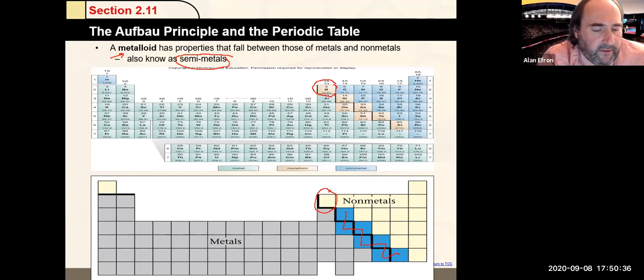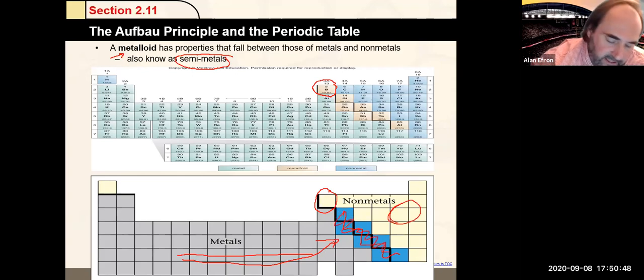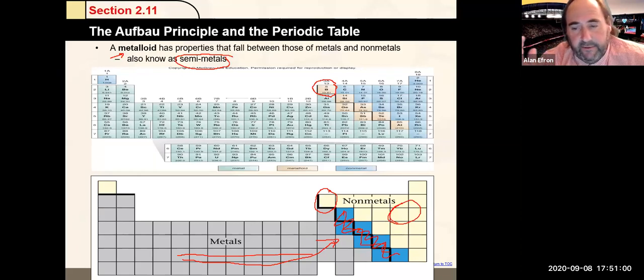If you think about their location on the periodic table, all these guys are metals, and as you head upwards this way, we're getting into non-metals. So the elements in the metalloid region have properties that are very similar to metals, and the same element will also have properties that are very similar to non-metals. They sort of are on both sides of the fence, if you will.